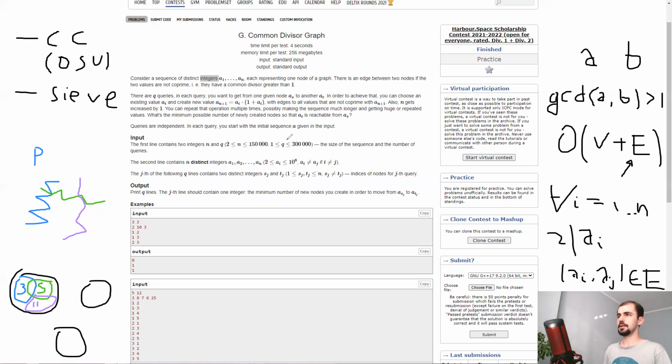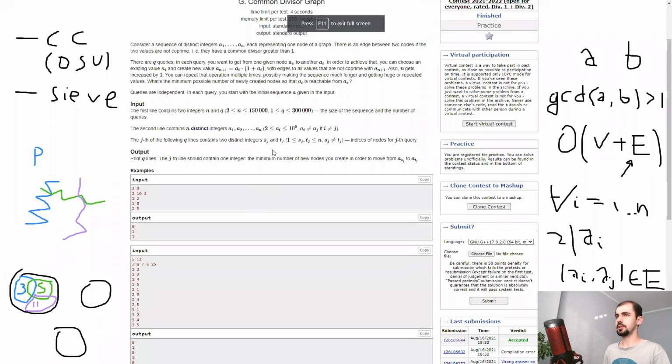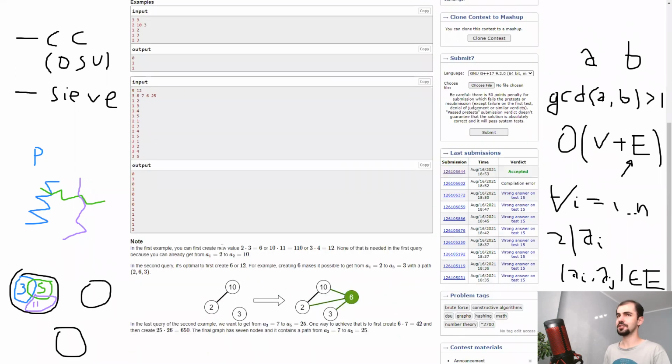So we finally computed our connected components. What do we do about them now? We want to start adding edges. All of this time we spent not caring about adding edges at all, just doing something that will definitely be useful. Then we understand that we don't know anything about adding edges.